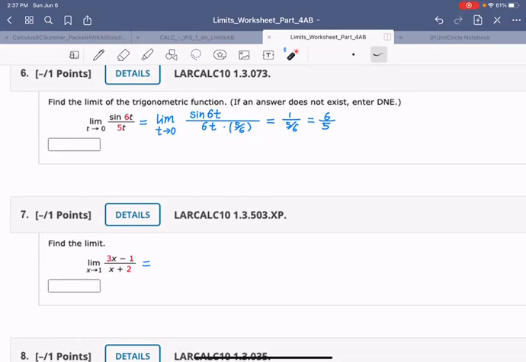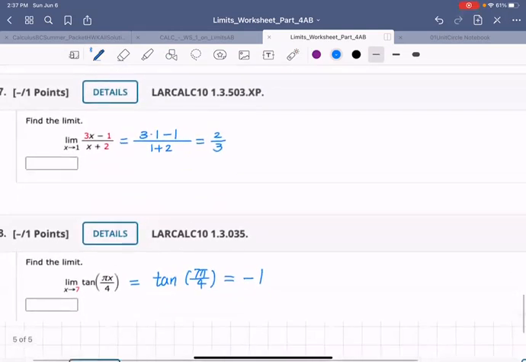We just plug in. So 3 times 1 minus 1 over 1 plus 2 should equal 2/3. Very good. Very nice.